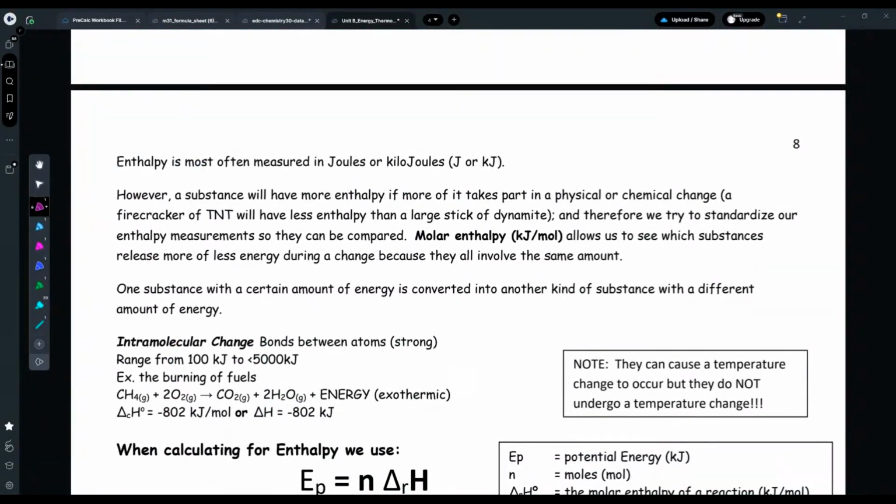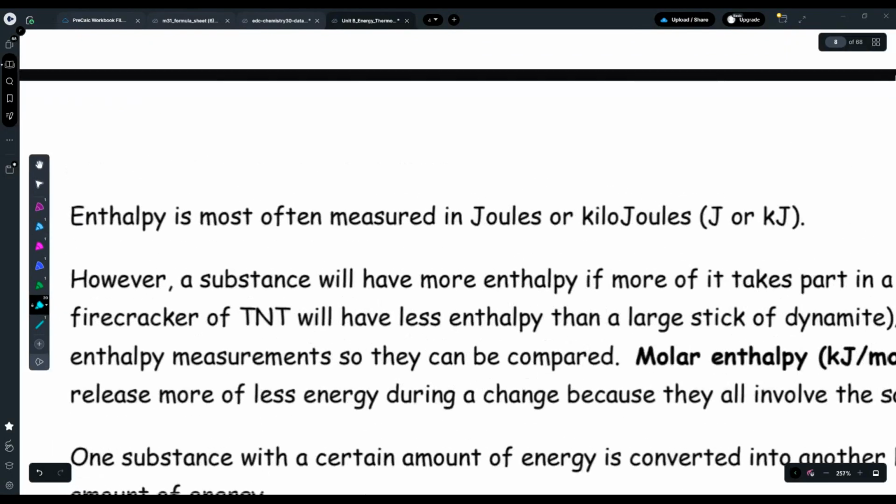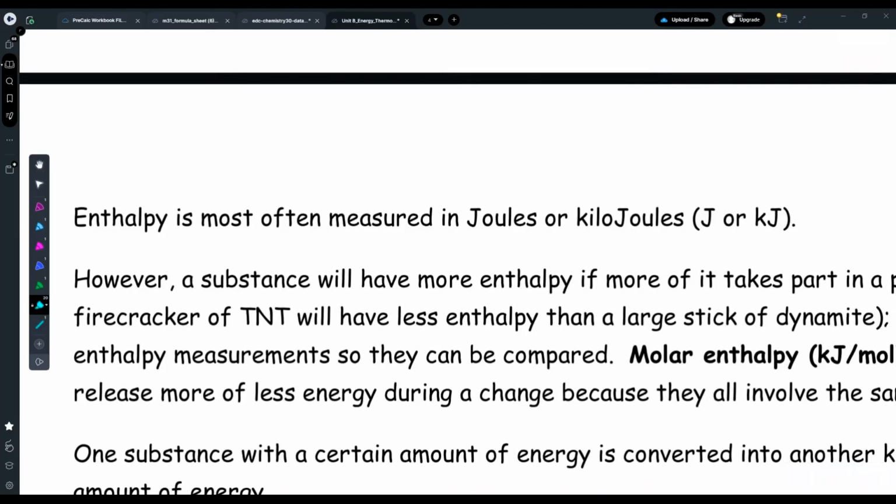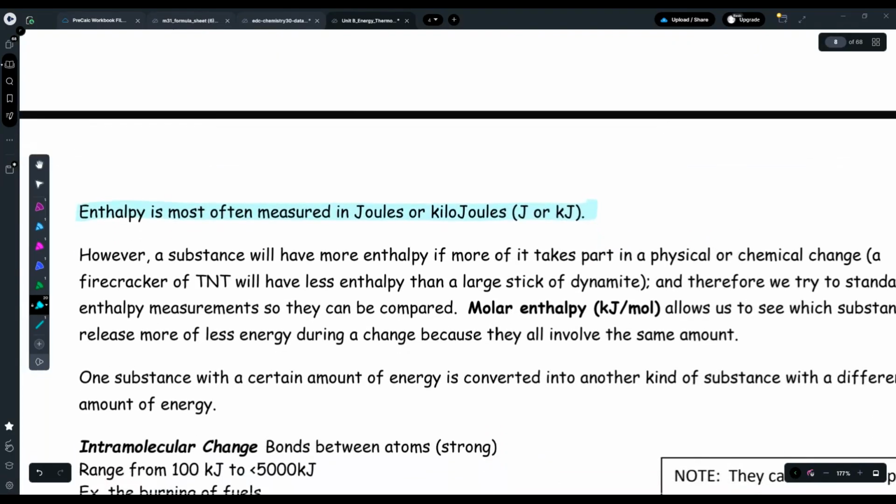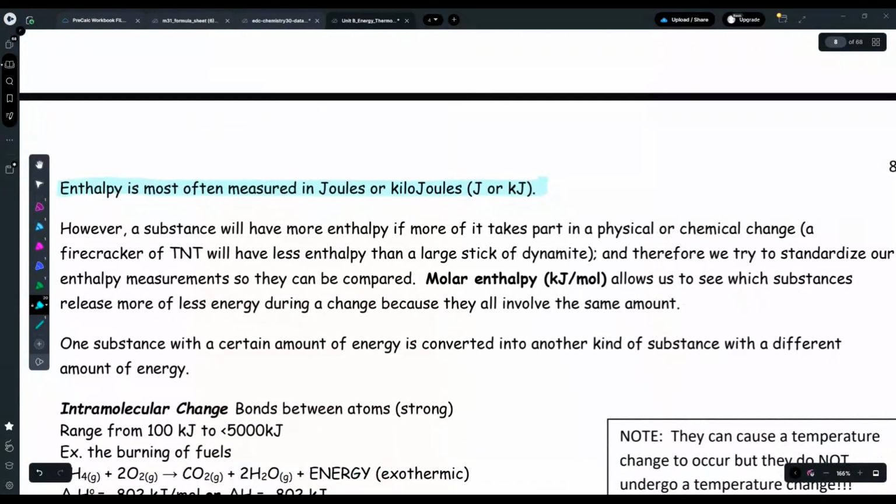All right, so molar enthalpy can be measured in kilojoules per mole. Sometimes it's joules per mole, but usually kilojoules per mole. Enthalpy is either measured in joules or kilojoules. A substance will have more enthalpy if it takes part in a physical or chemical change.